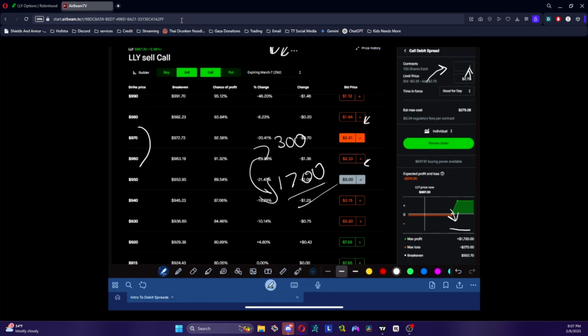Now, of course, if you had the capital and you bought the $950 call, which is just $5, and you held it, if Eli Lilly just went straight up, that call will absolutely give you more gains than having a call debit spread. But think about it realistically.